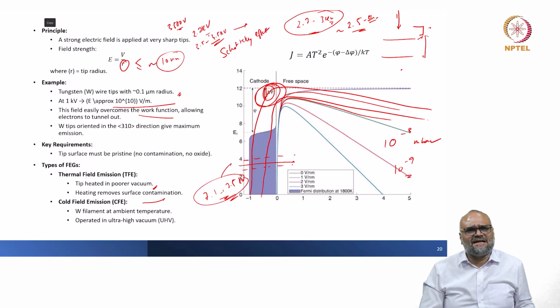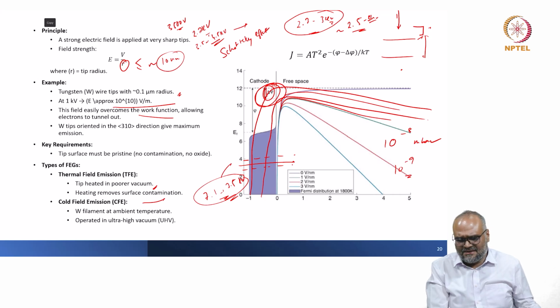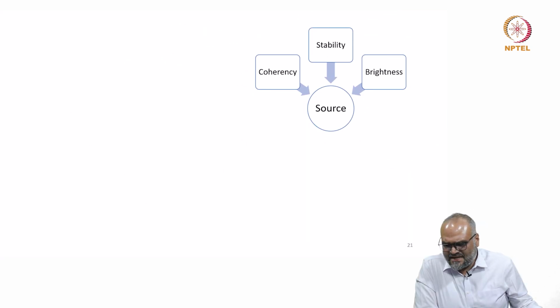Now let us understand, with these kind of emitters, what are the parameters that are important that I need to know from the field emission guns or from the thermionic electron gun. There are three main parameters that a source or an electron gun controls in an electron microscope.